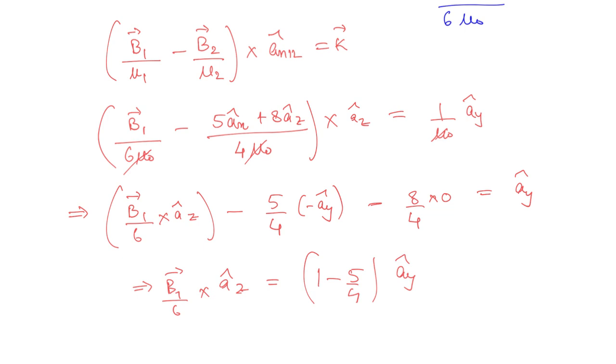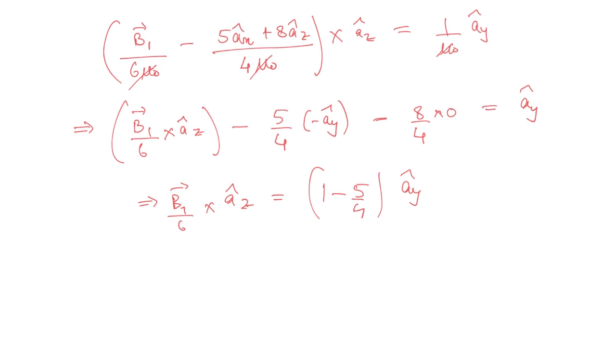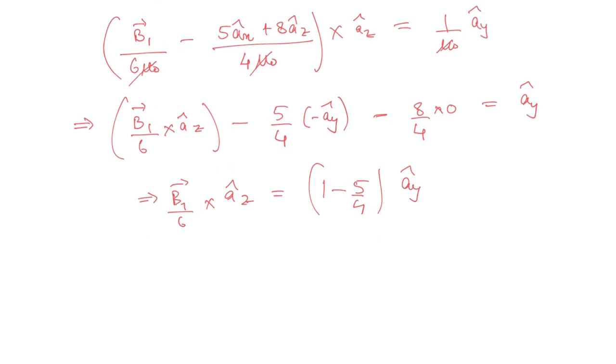If there is a y component, then the resultant should also have some ax component because y cross z is x. Because there is only an ay component, B1 bar should have only x and z components. So we can write (B1x ax cap plus B1z az cap) divided by 6 is equal to minus 1 by 4 ay cap.